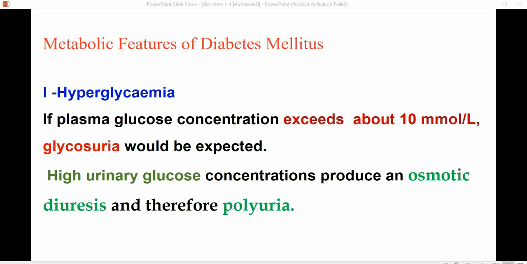If plasma glucose level exceeds 10 millimole per liter, in this condition we will have glucosuria because it will exceed the renal threshold. The high urinary glucose level will result in osmotic diuresis, and therefore it would be presented as polyuria.